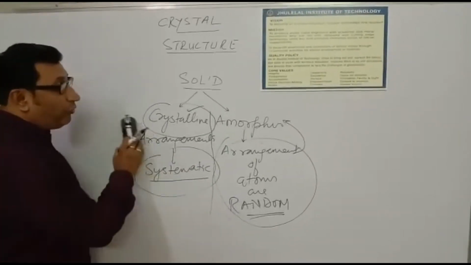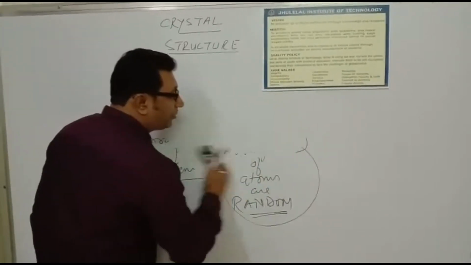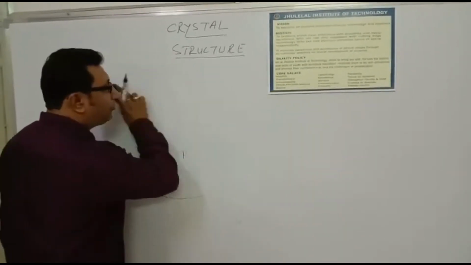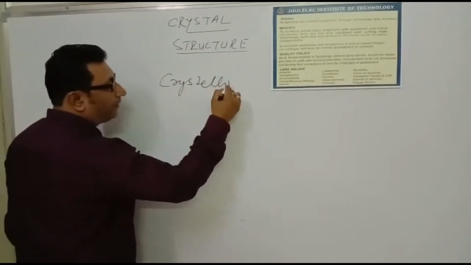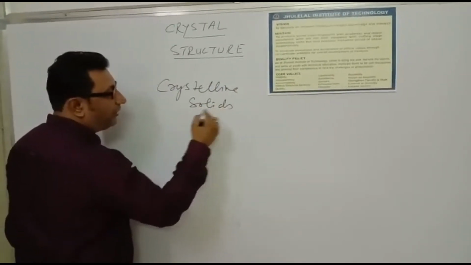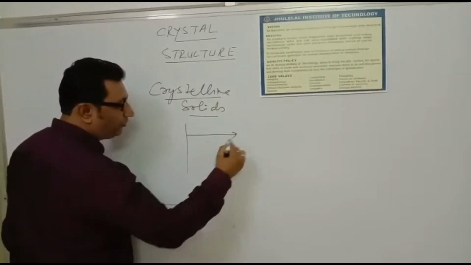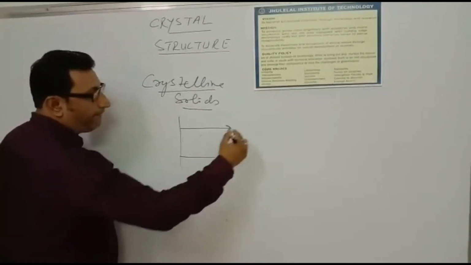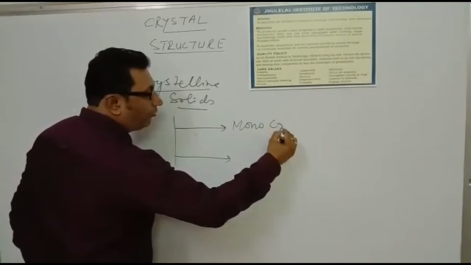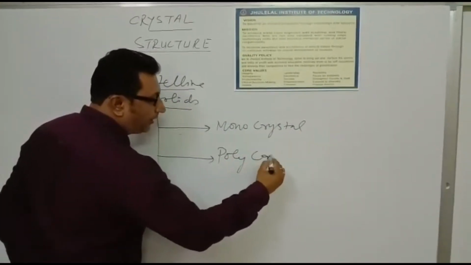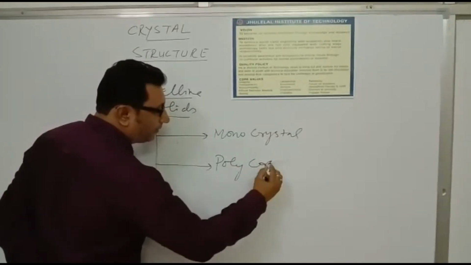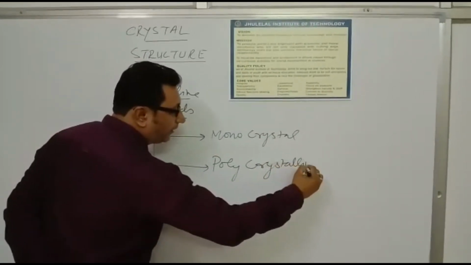If we want to classify the crystalline solids, they are classified into monocrystal and polycrystalline.